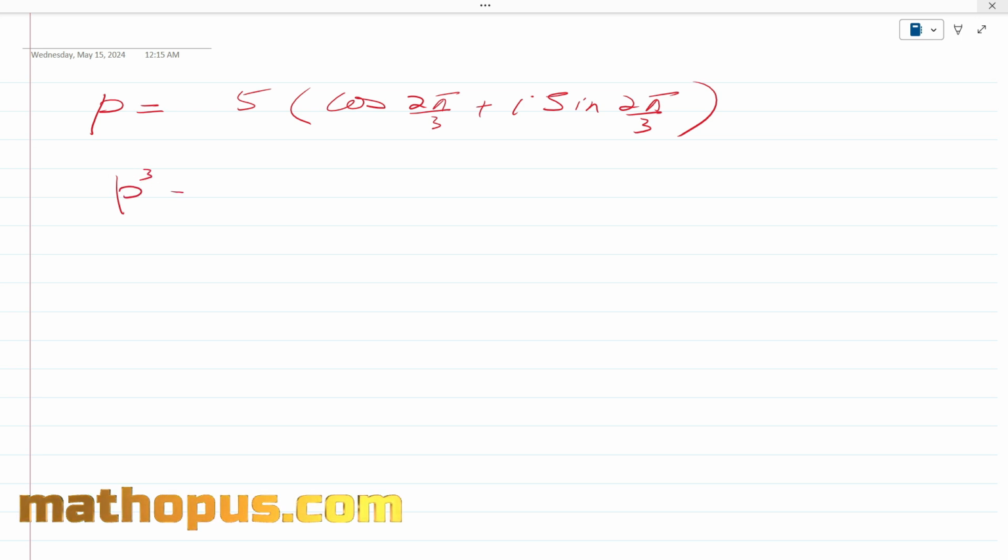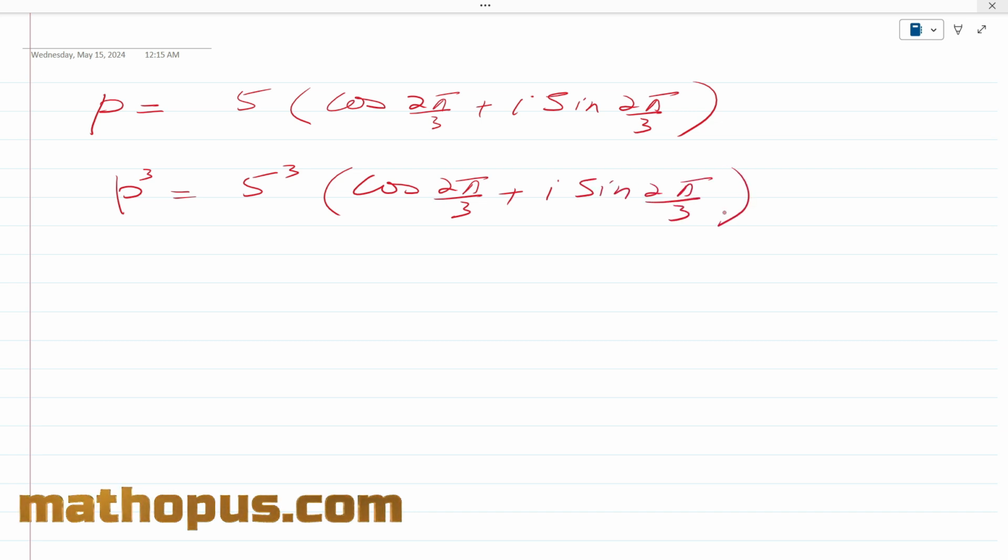Let's take another example. Let's say we have a complex number p equal to 5, cos 2 pi over 3 plus iota sine 2 pi over 3, and you have to find its cube. So 5 cos 2 pi over 3 plus iota sine 2 pi over 3, all power 3.